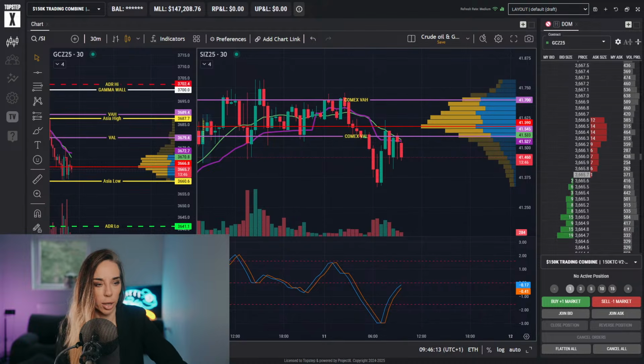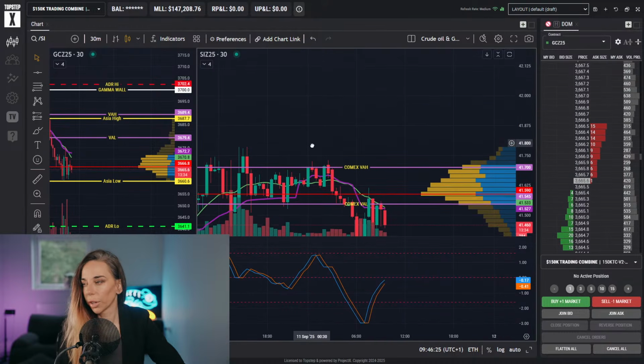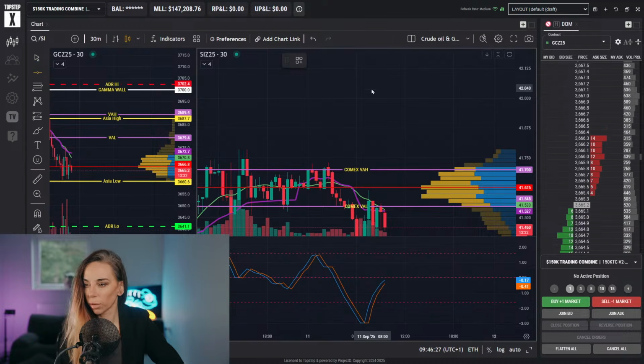Let's have a look at the session extremes. 42.125 is the average daily range high.